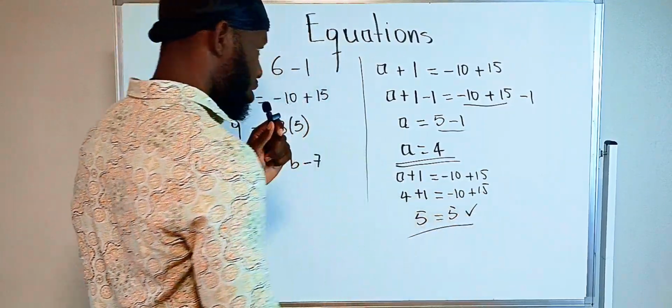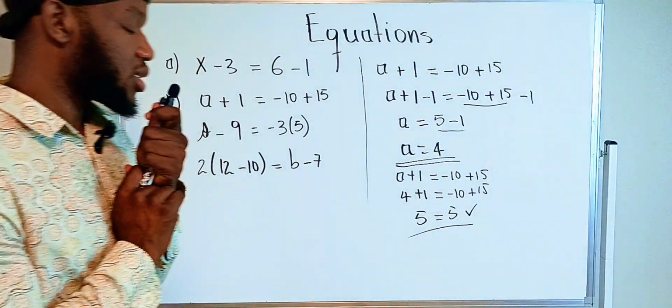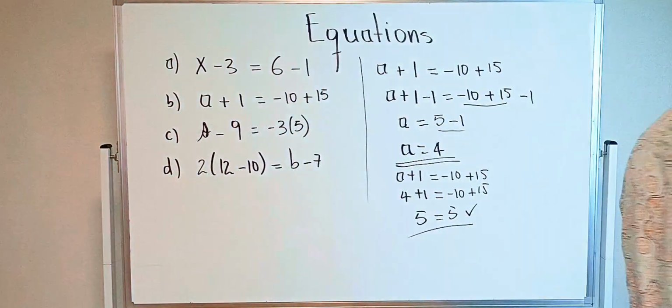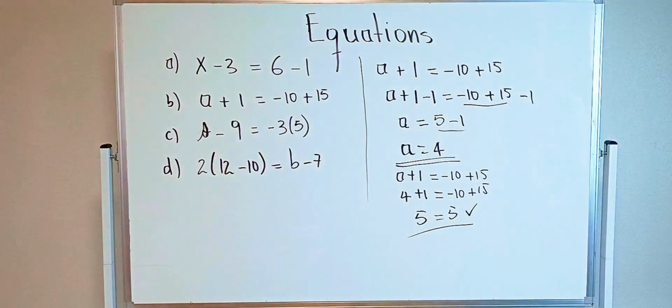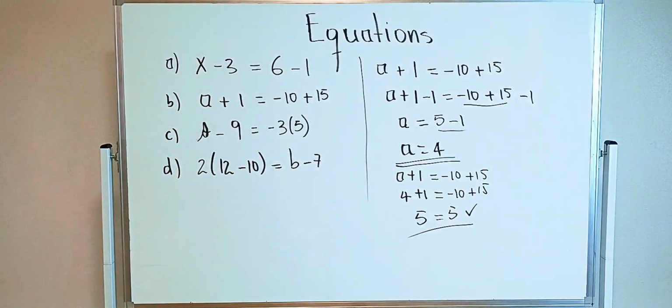So this is verified. That means the solution for this equation is a equals 4. This is the value of a that verifies this equation. So I hope you understand that. So guys, let's go ahead for the third one right now.